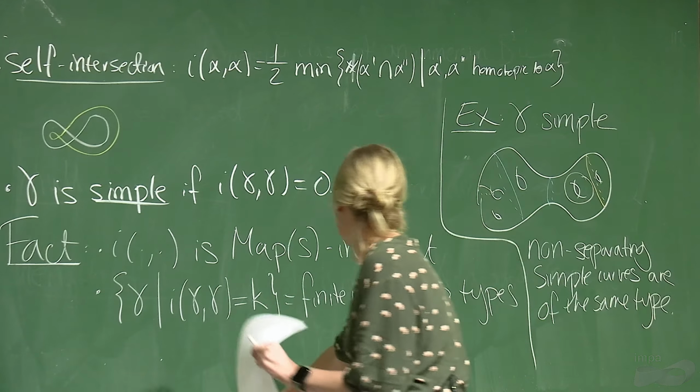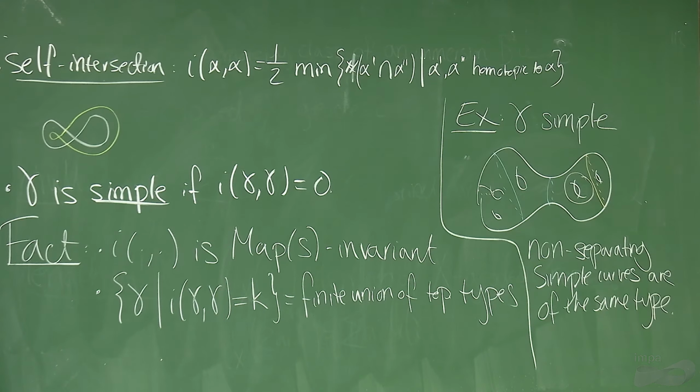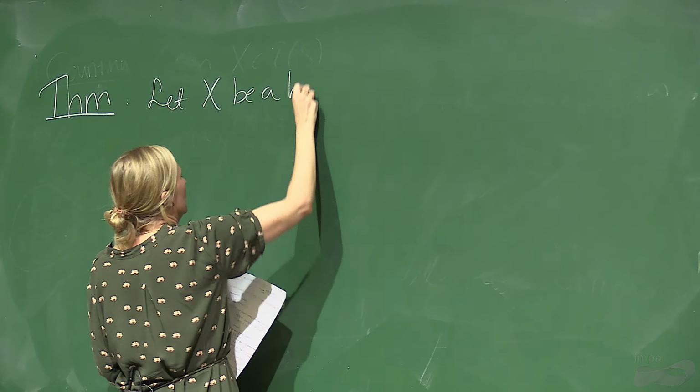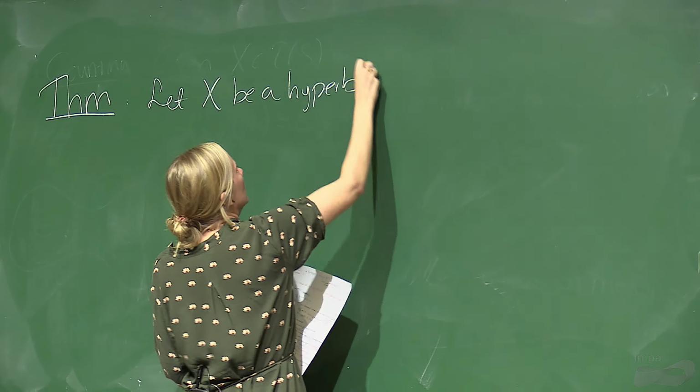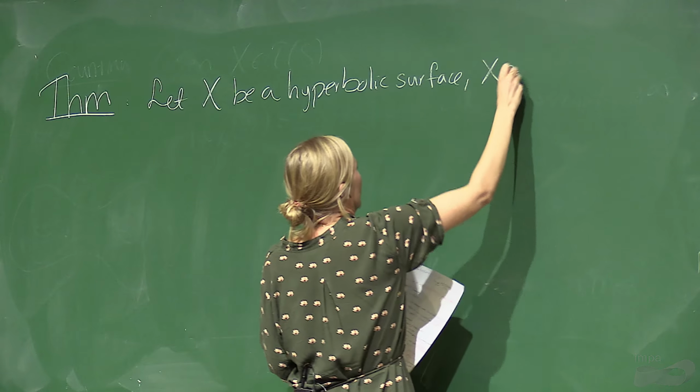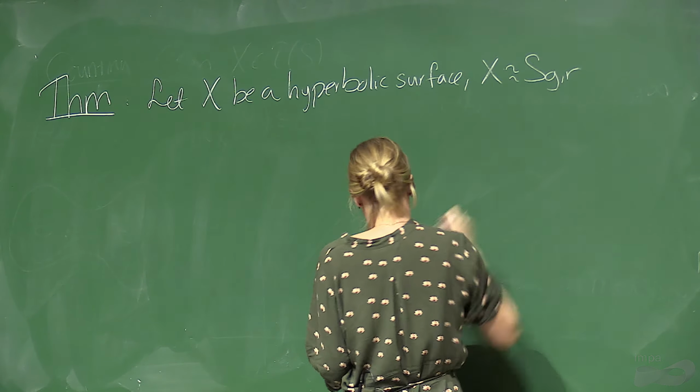Okay, so now at least I can state Mirzakhani's theorem. Let X be a hyperbolic surface with an underlying topological surface having genus g and r punctures.